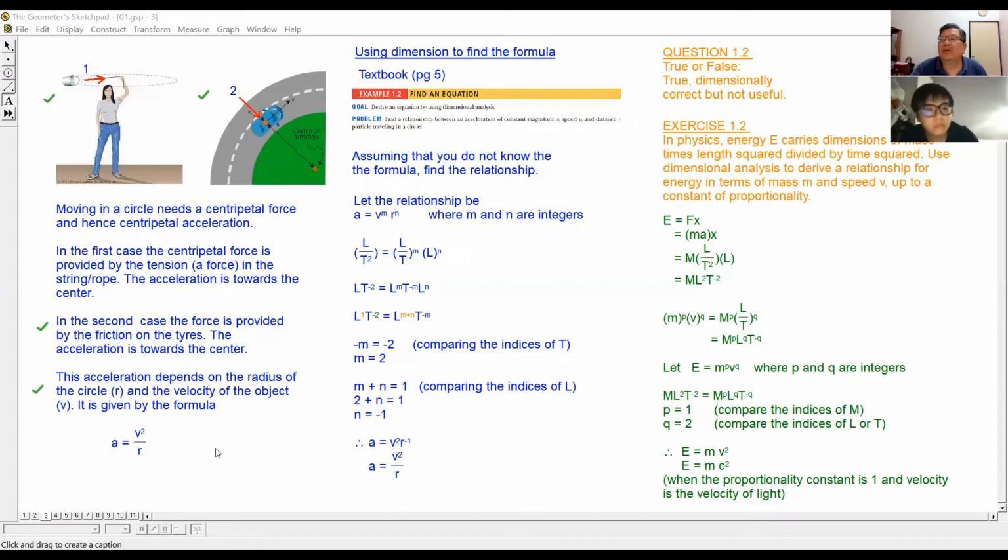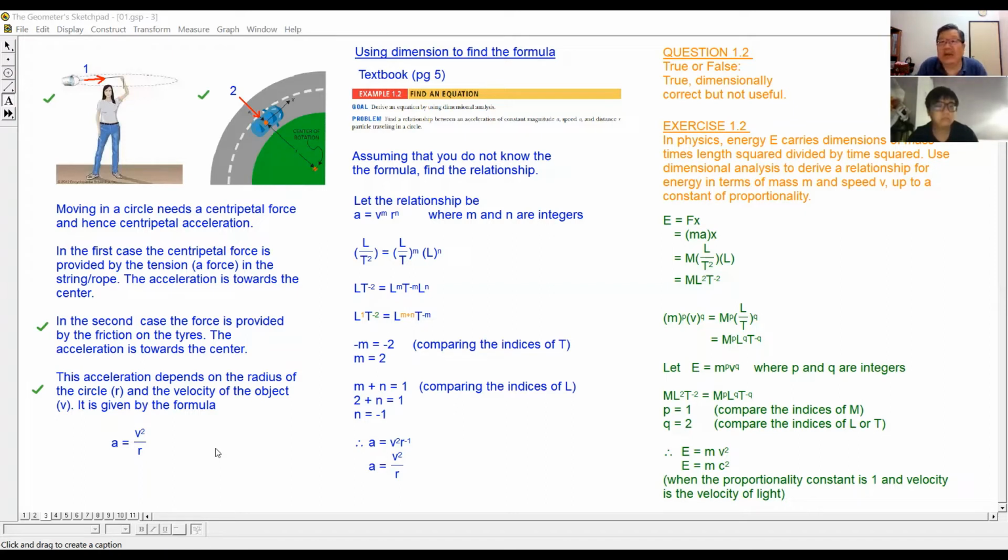Now, assuming that you don't know this formula, that you have not learned before that the relationship is v squared over r. But I know there is a relationship between the acceleration, velocity, and the radius. That's all I know: there are three factors, and they are related.